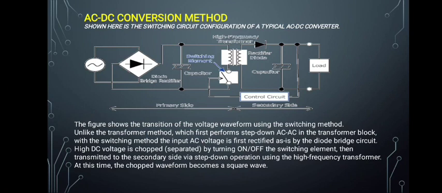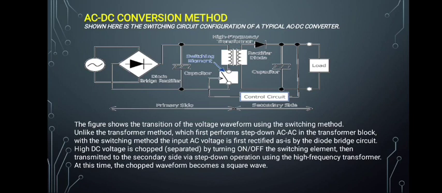AC to DC conversion method. Shown here is the switching circuit configuration of a typical AC to DC converter. The figure shows the transition of the voltage waveform using the switching method. Unlike the transformer method, which first performs step-down AC to AC in the transformer block, with the switching method, the AC voltage is first rectified as is by the diode bridge circuit.